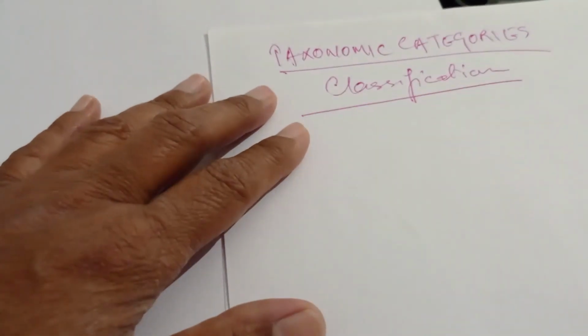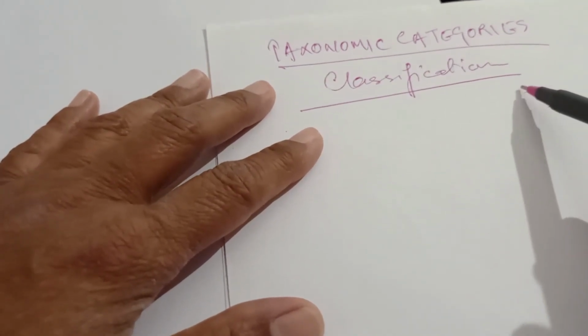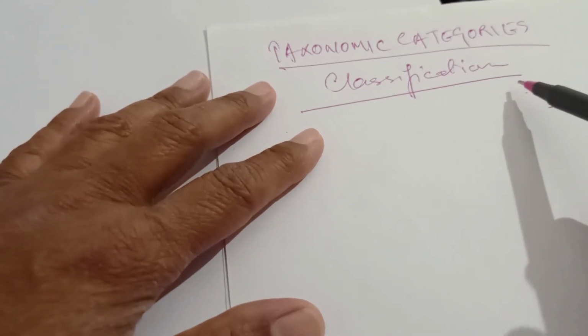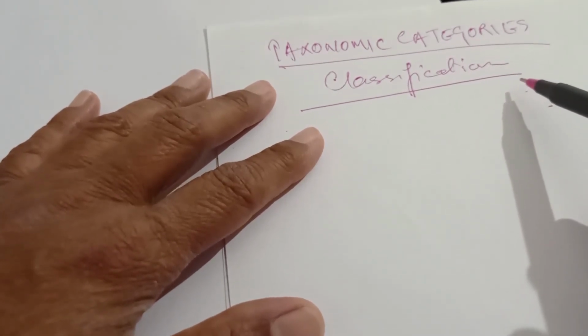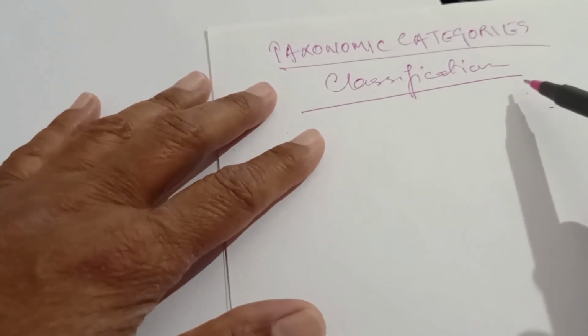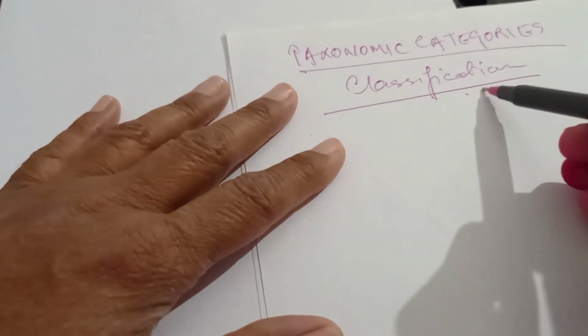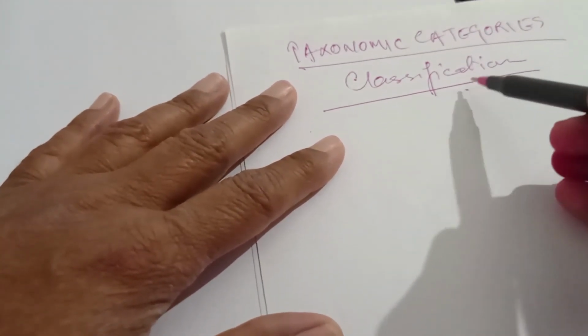We have to classify all this wide variety of diverse living organisms for their identification, for the ease of study, for the ease of knowing them. So, how are all these organisms classified?